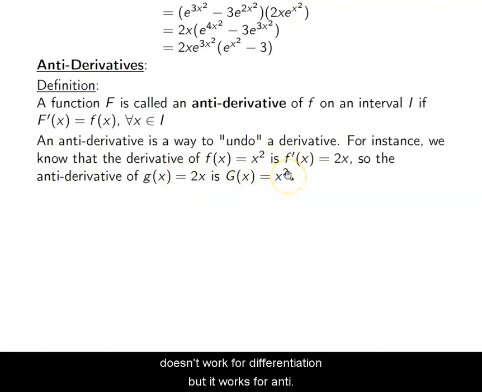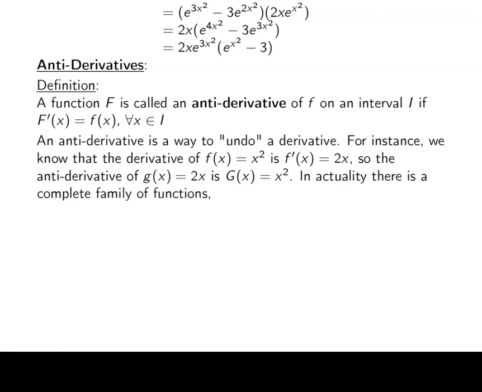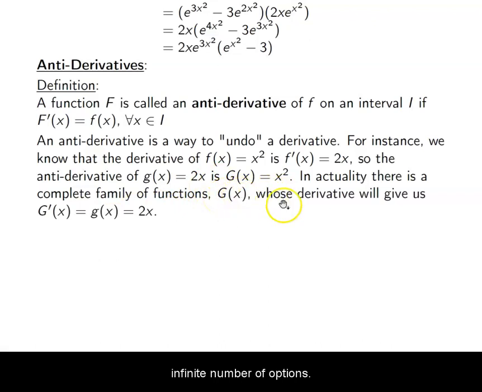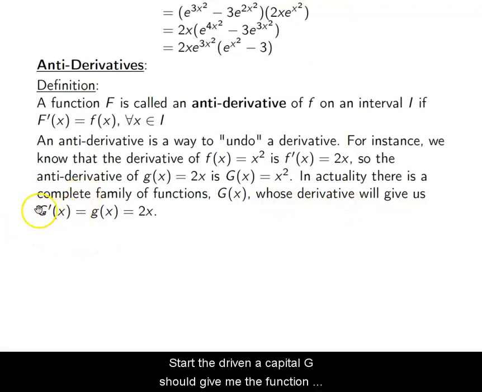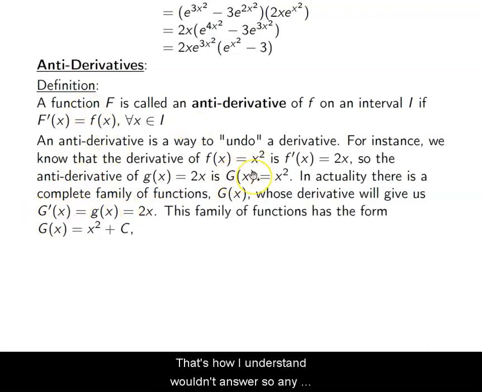So this doesn't work for differentiation, but it works for antiderivatives. They're a complete family of functions. So capital G of x has an infinite number of options. Again, the derivative of capital G should give me the function I'm interested in. That's how I understand what an antiderivative is.